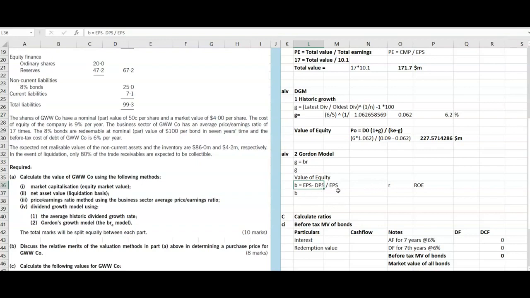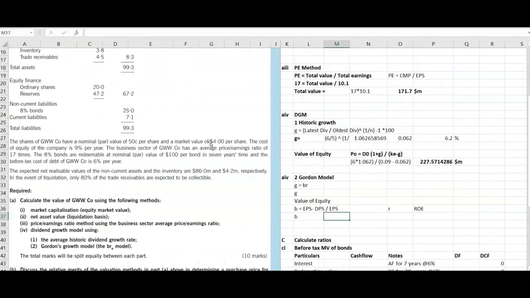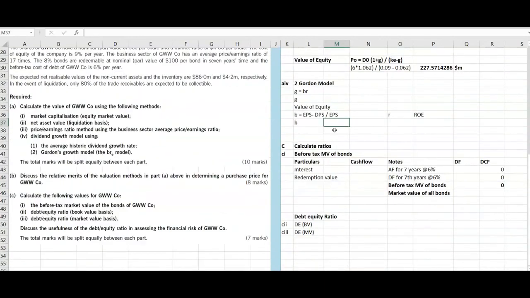So first we will find out B. We have to get the EPS. You can take EPS or even the whole number is fine. The profit is 10.1 and the dividend is 6.